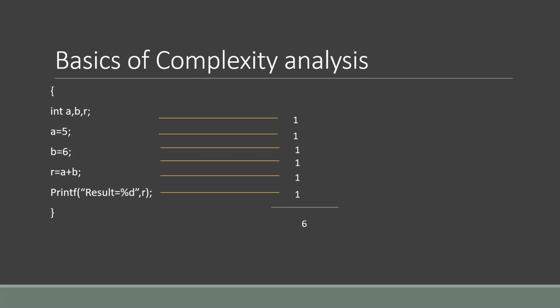Now, these 6 units can be represented as a constant value. I have never said that it is taking 1 second, 1 millisecond, 1 hour, 1 day, or even 1 year. I said 1 unit of time. Why am I referring to 1 unit of time?